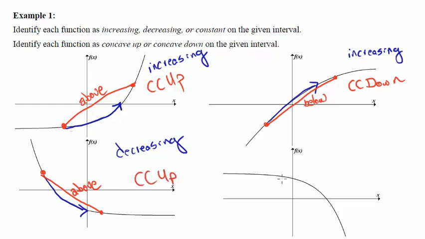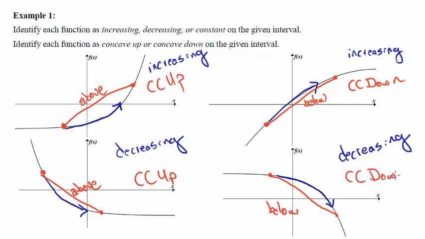And lastly, here when I move left to right, I'm going downhill, so this is decreasing. And when I take 2 points here and connect them, that is below. All right, so I am going to be concave down.